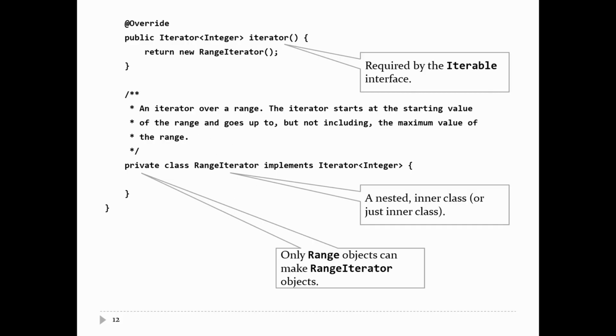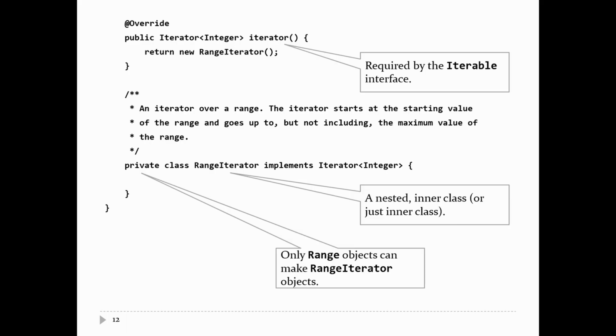In Java, you can put a class inside of another class. When you do that, it's called a nested class, just like you would have a nested loop, a loop inside of a loop. So here, rangeIterator is a nested class. Java has a very particular terminology for this type of class. This class happens to be an inner class, and I'll explain exactly what an inner class is in just a moment.